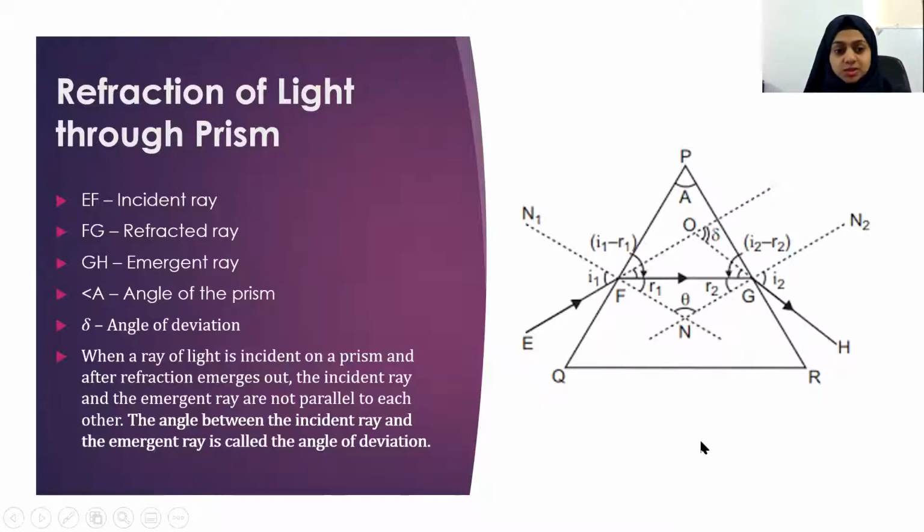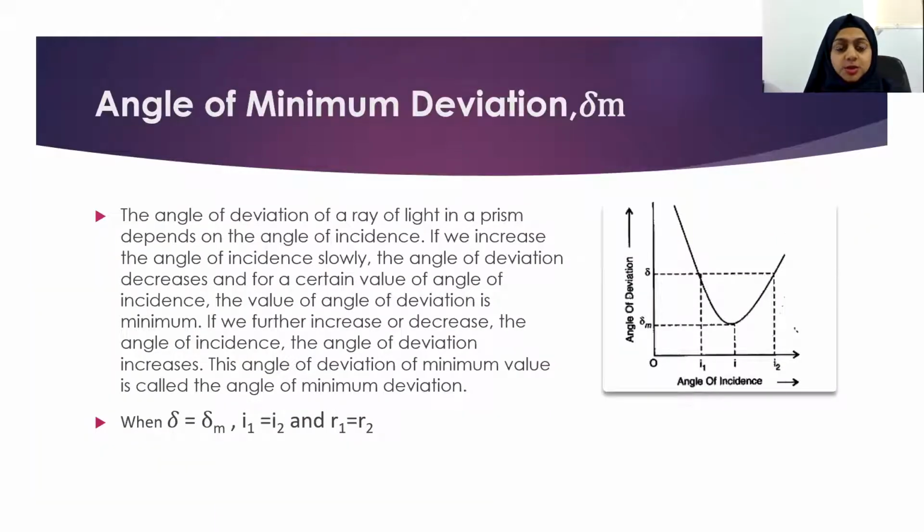Okay, so we will also see what is angle of minimum deviation. So angle of minimum deviation, which is represented by delta m. You now know what is angle of deviation. It's the angle between the emergent ray and the incident ray, right?